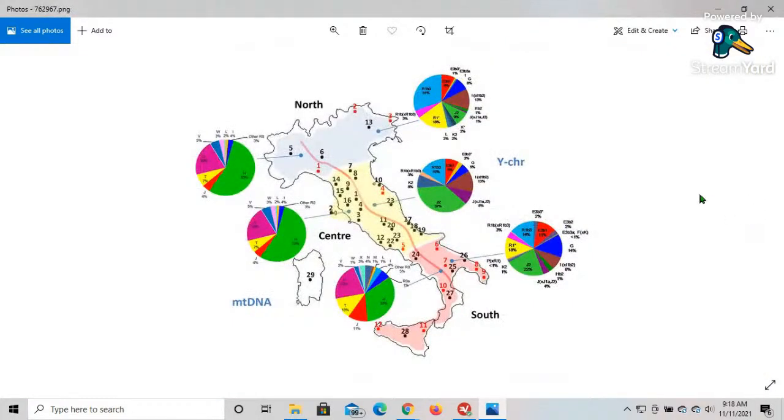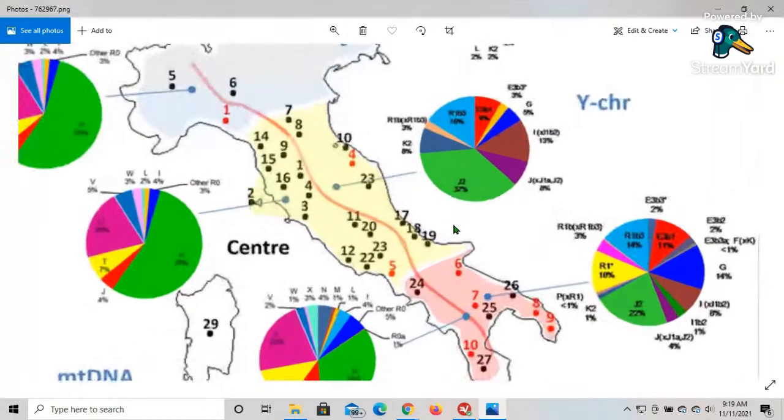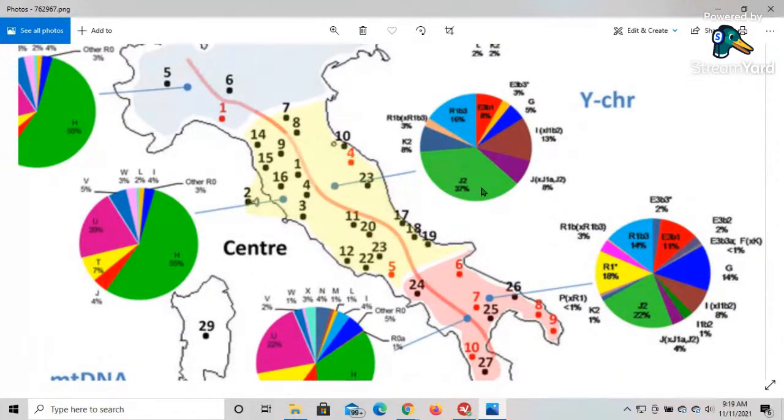Okay, this is the map that was interesting to me when I was looking for Tubal, because we know that Italy has a lot of J2, a lot of I, which is Israel, a lot of J, which is Arabic or Israel, a lot of, well, G is part of Israel too, in many cases.